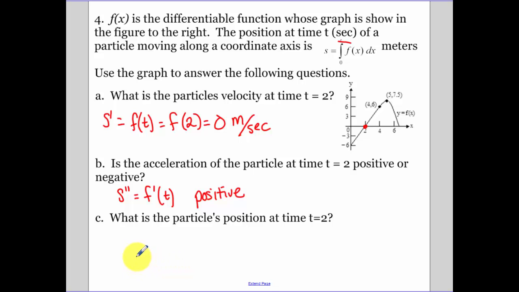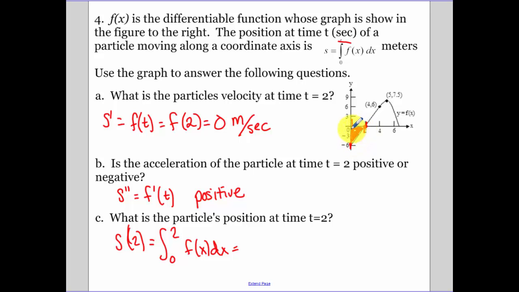Okay, what is the particle's position? So I'm looking for s of 2. So I'm looking for the area under my curve from 0 to 2 of f of x dx. So I'm looking for the area of this triangle.